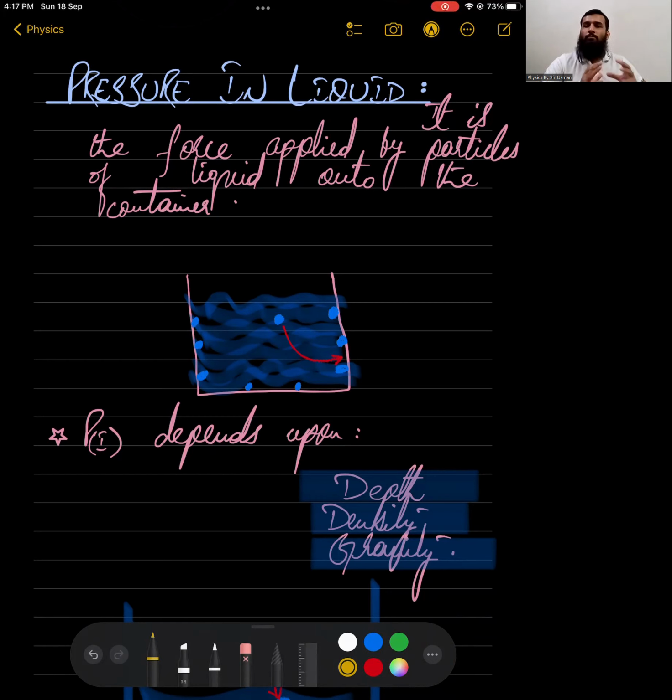So this is what the pressure or the force of a liquid particle is.